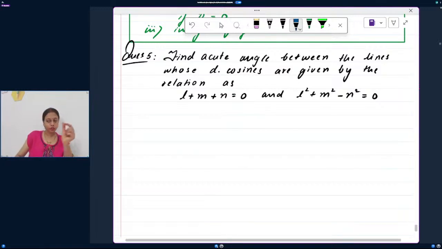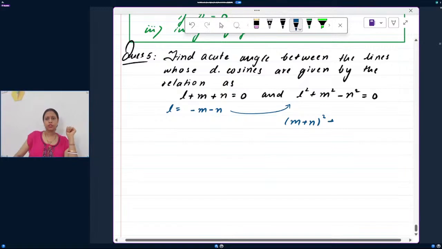So I hope there is a small problem in this question. If I find l, which is minus m minus n, and substitute it here, I'll get (m plus n) whole square plus m square minus n square is equal to 0.